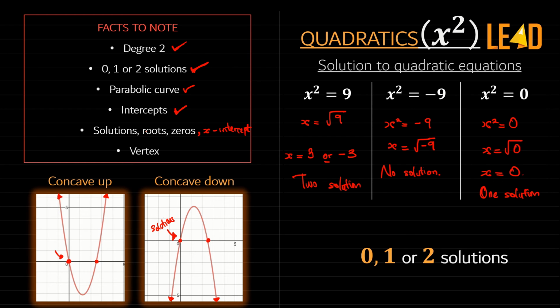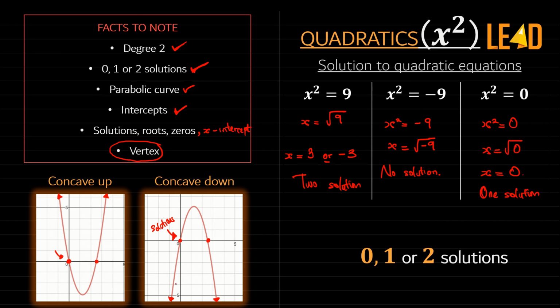Finally, we have a vertex. For me, this is the most important part. You know how the slope was really important to linear functions? In the same way, your vertex is really important to your quadratic equations, or quadratic functions rather. And the reason why is because it gives you, again for me, the most important information about the graph. Quadratic functions model scenarios that could see a decline going down, hit a minimum, and then start going up, right?